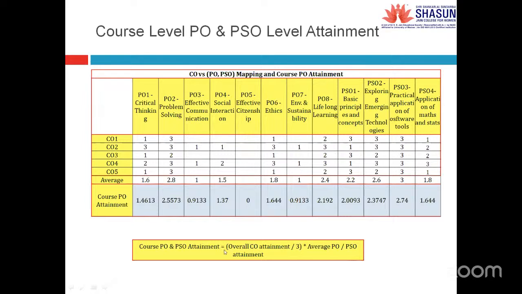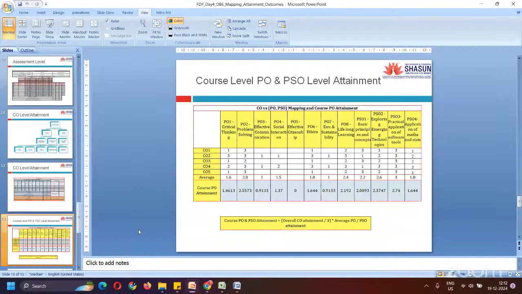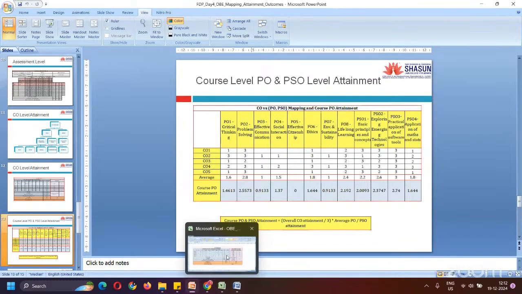This PO attainment is based on your overall subject-wise CO attainment divided by 3, into the average of the PO and PSO correlations. I'll calculate the average of the correlation which we have done, and then find the PO attainment for course level. So how much the PO and PSO have been attained at course level, I'll be showing in the Excel.